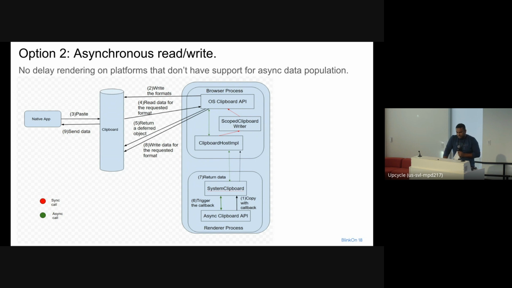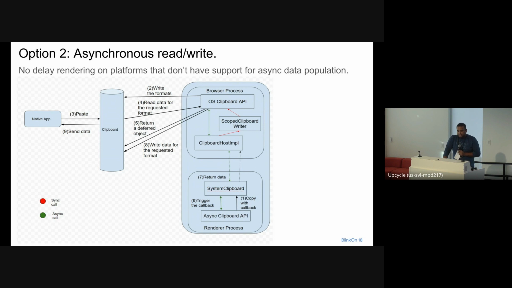And then in the browser process OS clipboard API, the deferral object is populated with the data asynchronously. Even that can be done in the background thread. Once the data is available in the deferral object, the system clipboard fetches it. If the native app is using the OLE GetClipboard or SetClipboard APIs or the WinRT APIs, they can use the deferral object.